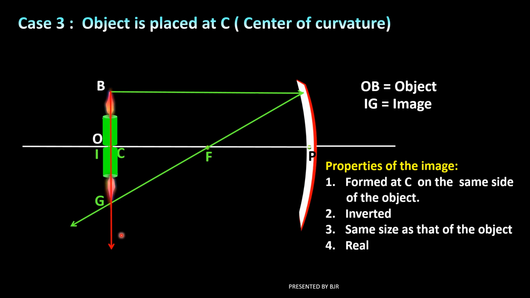When the reflected rays meet by extending them backwards, at that time virtual image will be formed. You can see that later. These are the properties. Let us draw the same ray diagram by just replacing this mirror by its symbol.